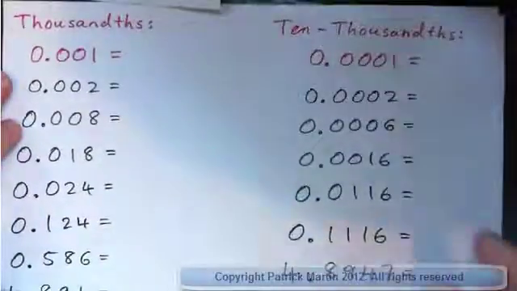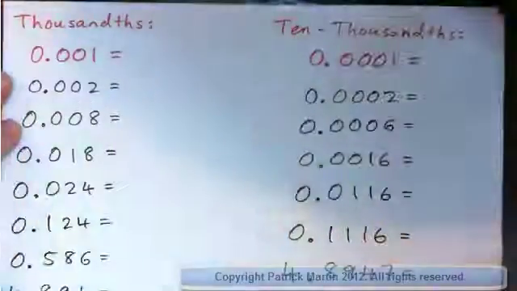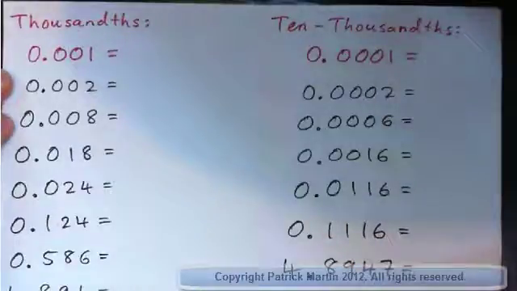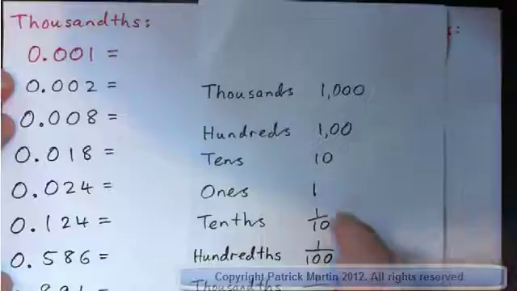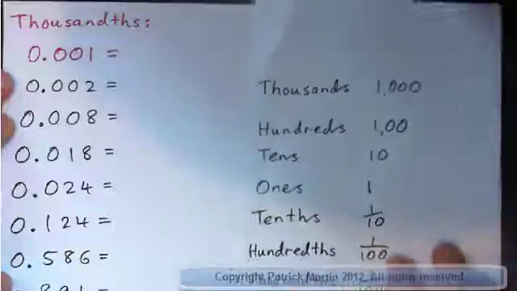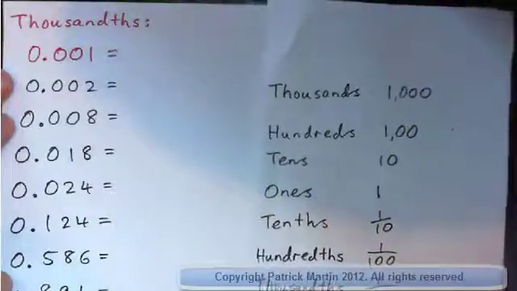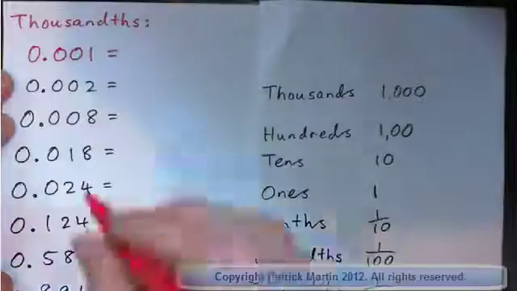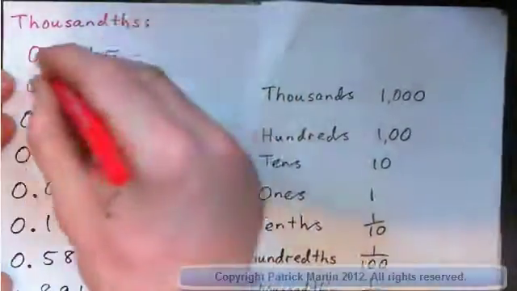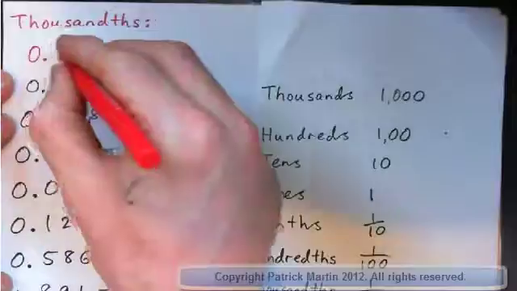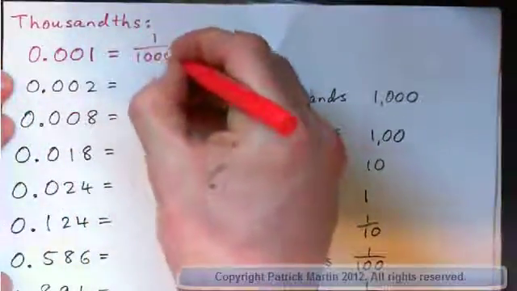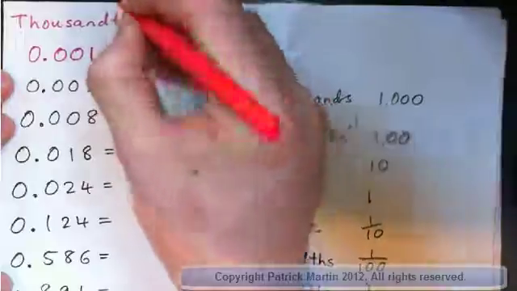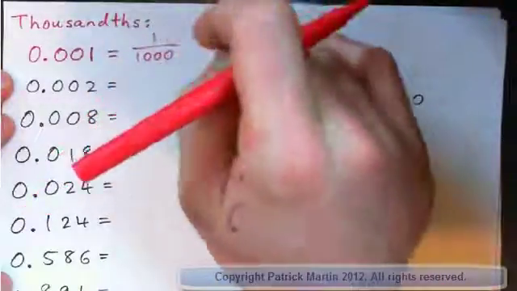Alright, let's move along to thousandths and 10,000ths. We looked at our sequence here. We got thousands, hundreds, tens, ones, tenths, hundredths, and then thousandths, 1/1000, okay? And that corresponded to this part of a decimal number. So 0.001 is 1 over 1,000, or 1 thousandth, right?